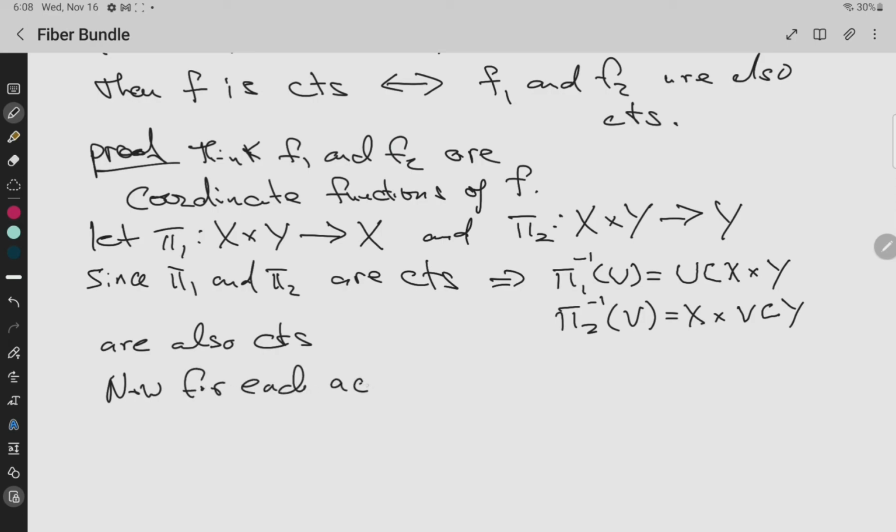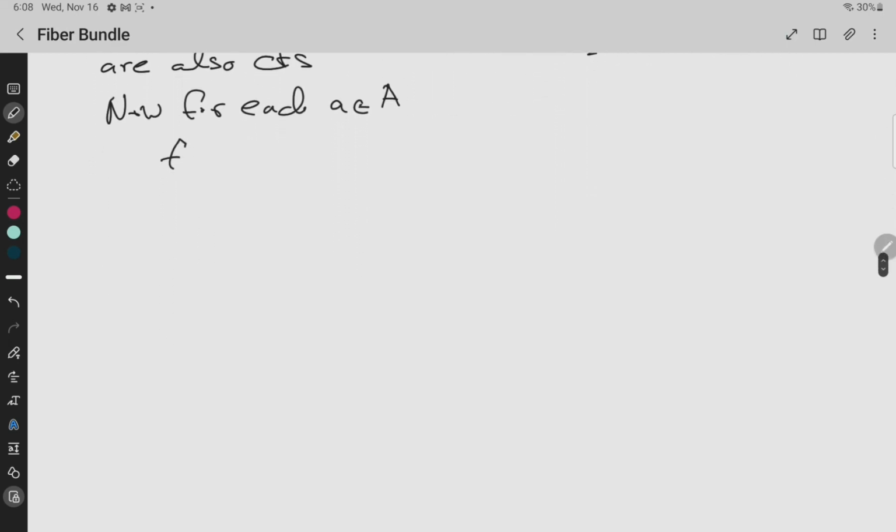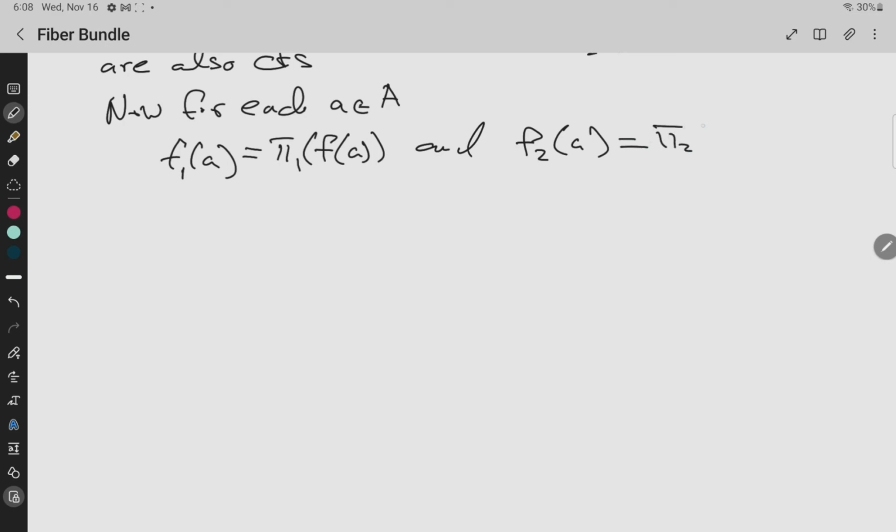Now for each element a in the region A, we let f1 of a equal pi 1 of f of a, which basically maps into the first factor. And f2 of a is equal to pi 2 of f of a.